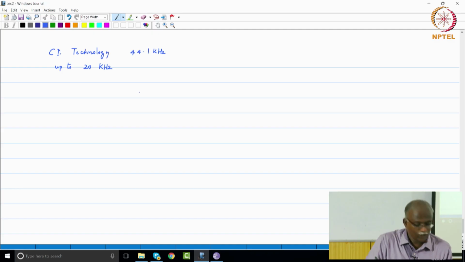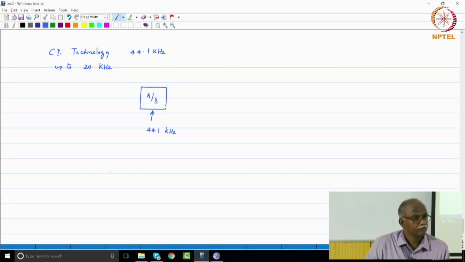Okay. So, when you are creating CD content, this will be an A to D, analog to digital converter, and it will be sampling at 44.1 kilohertz. Am I right? It is an A to D because you will store it at 16 bits per sample or 20 bits per sample, whatever is your rate.